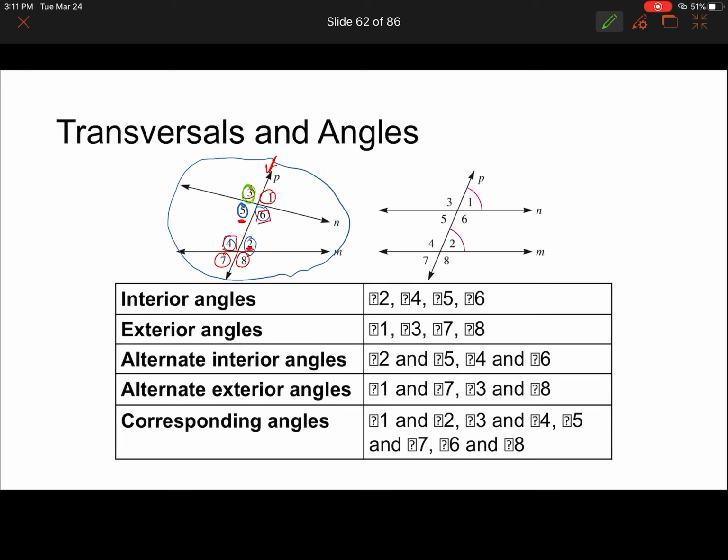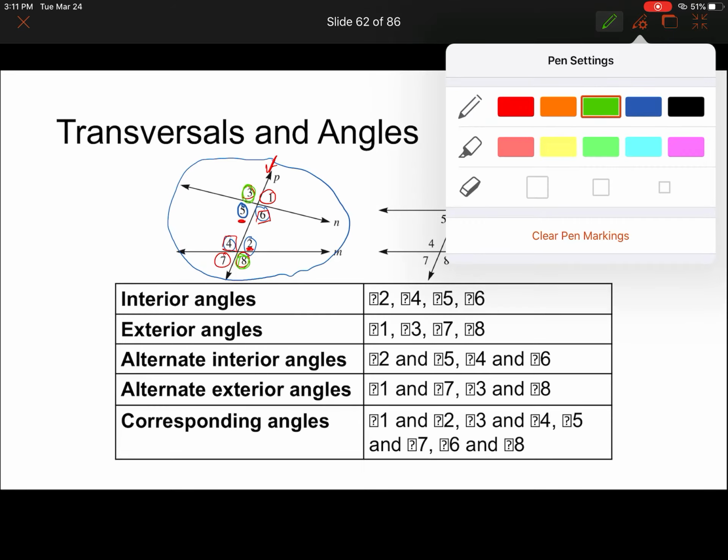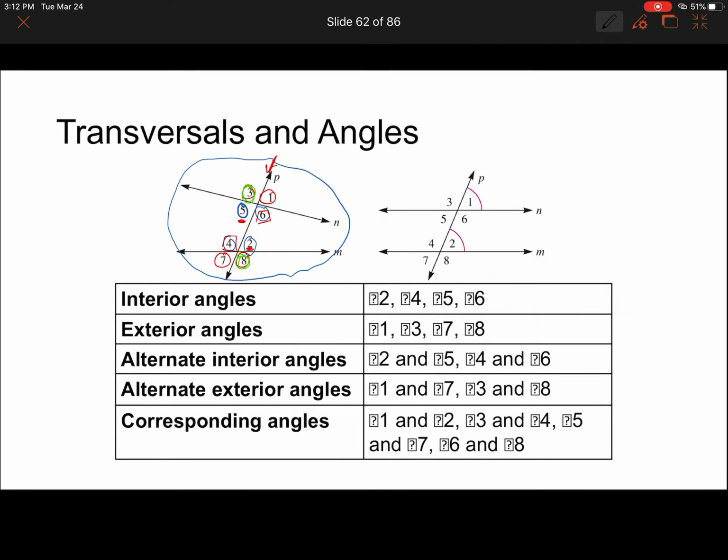And you can imagine what the alternate exterior are. Those are ones that are on the opposite sides of the transversal, but on the outside. So in this case, I'll use a different color here. Angle 3 and angle 8 are considered alternate exterior angles, and then angle 7 and angle 1 are considered to be alternate exterior angles too.